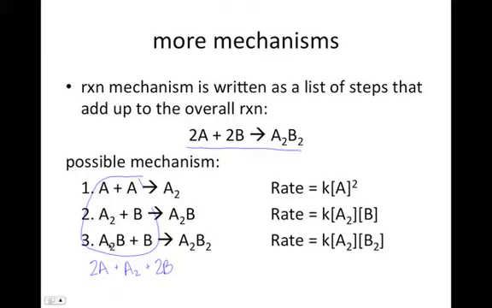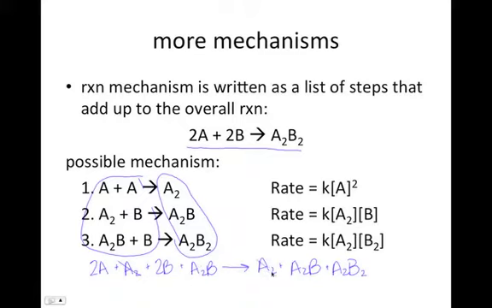And then I have an A2B. And then that's going to turn into my products. So I have an A2 plus an A2B plus an A2B2.